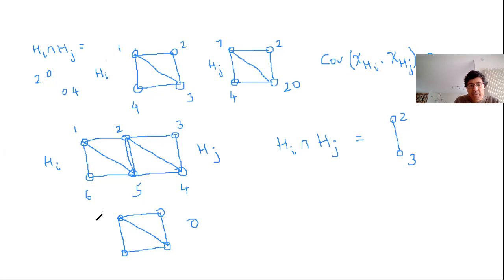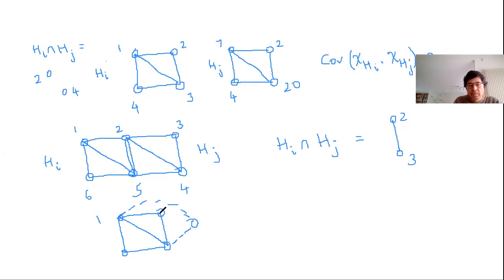So again, let me number the vertices. Hj consists of these other edges, so this particular vertex is going to be replaced by this other vertex.